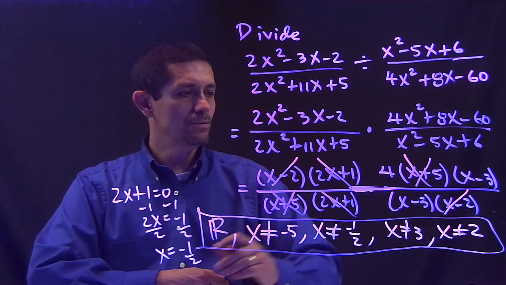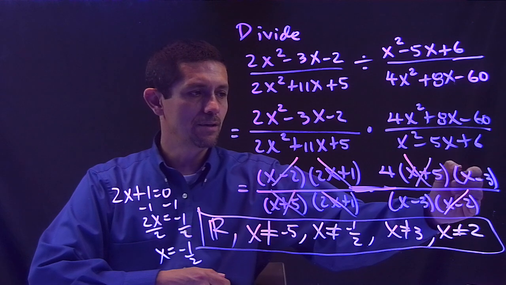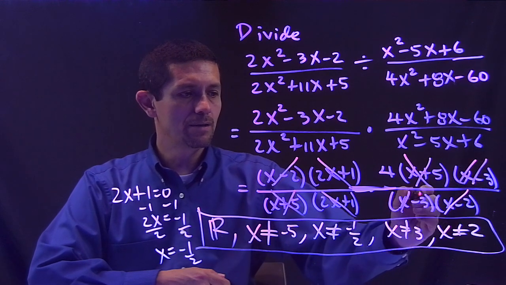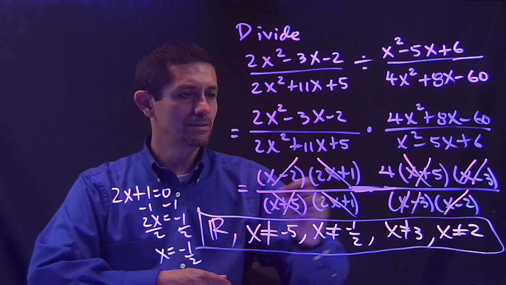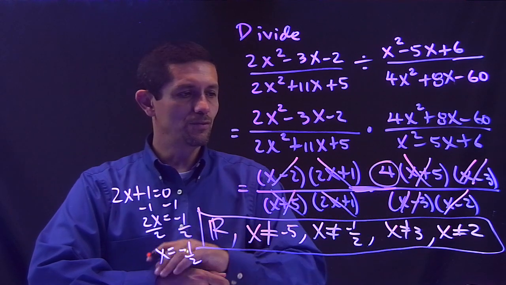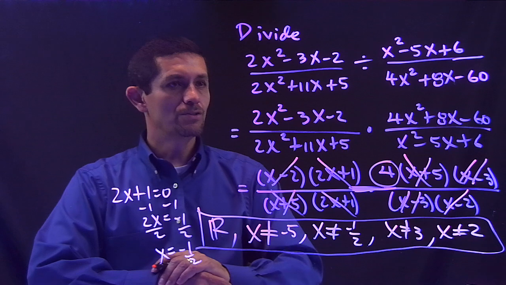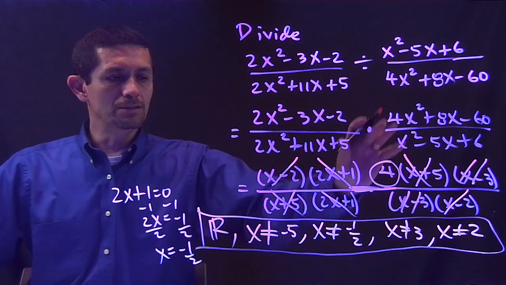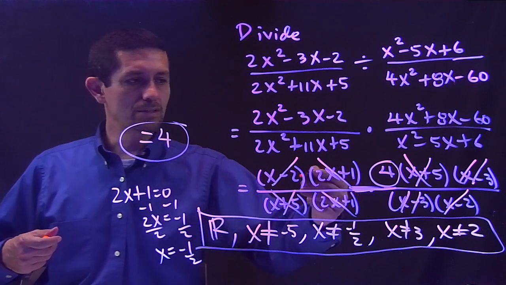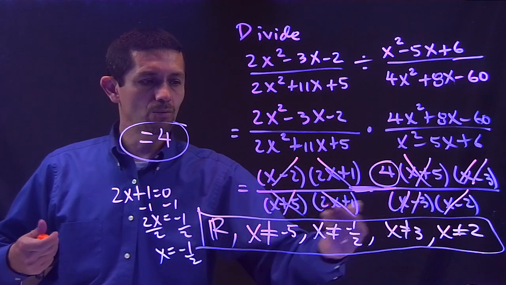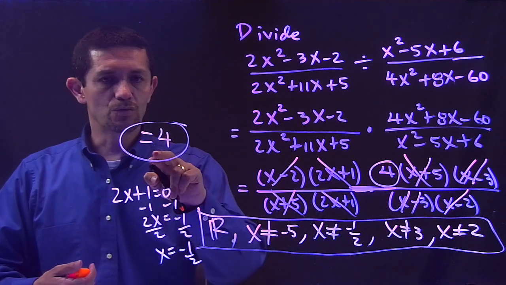Oh, look at this: minus 3, minus 3. Wow, everything cancels. What's left? The 4 is the only thing that didn't cancel. So imagine you do all this process and your final answer is 4, because that's the only thing that didn't cancel. 4 over 1 is 4. So your answer is 4.